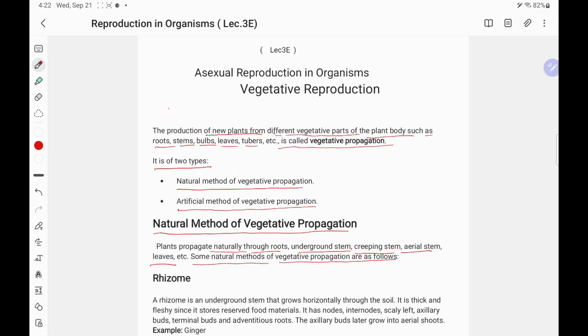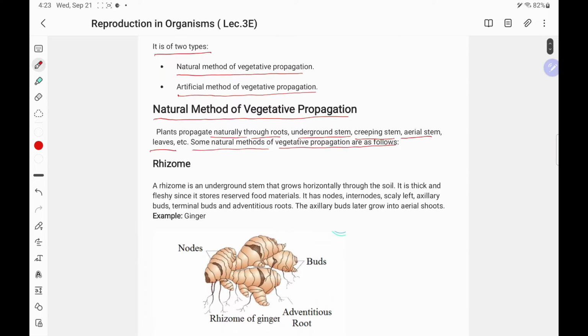Creeping stems go horizontally on the earth, aerial stems grow vertically from the earth, and leaves. These are the parts which may propagate vegetatively by natural means.